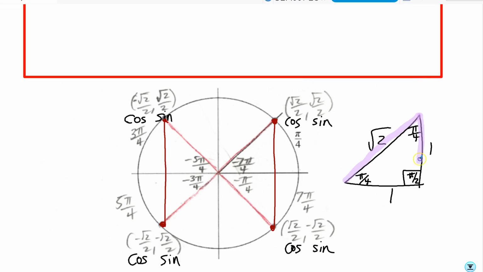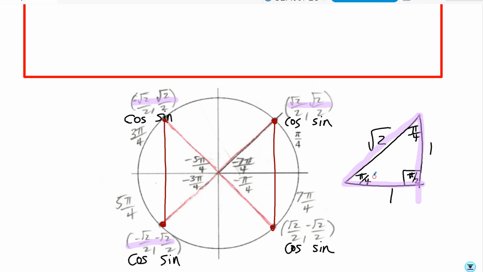I can't have that square root of 2 as our radius. We always want the square root to be in the numerator. So all of these have been rationalized for you already. Your angle is always going to be some kind of measurement that's based on 45 degrees.